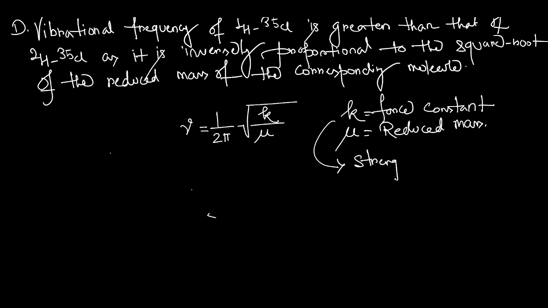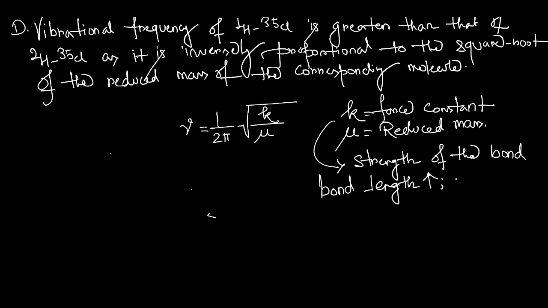Strength of the bond. If somehow the bond elongates, bond length increases, then the bond will easily break down. Okay, then you can say that force constant will go down. So if bond length increases, then K value will go down.